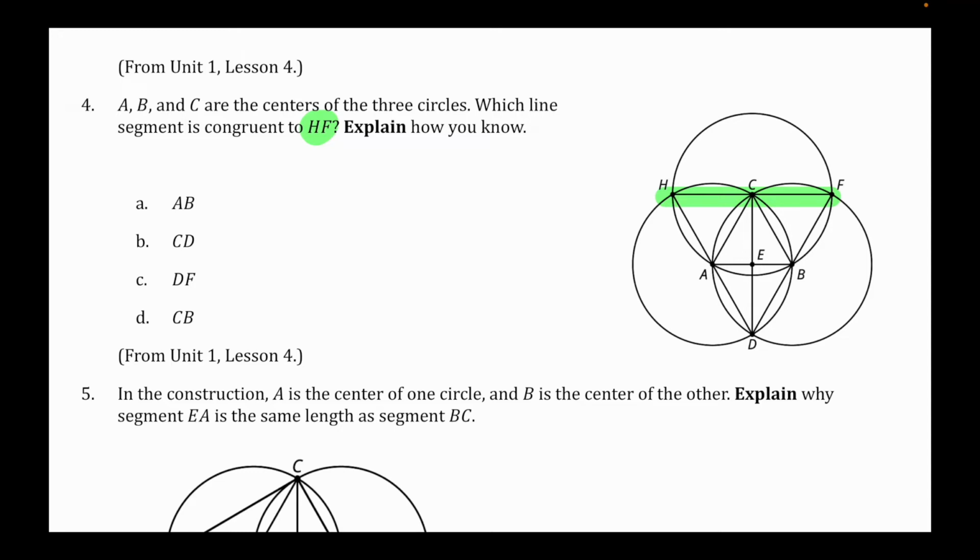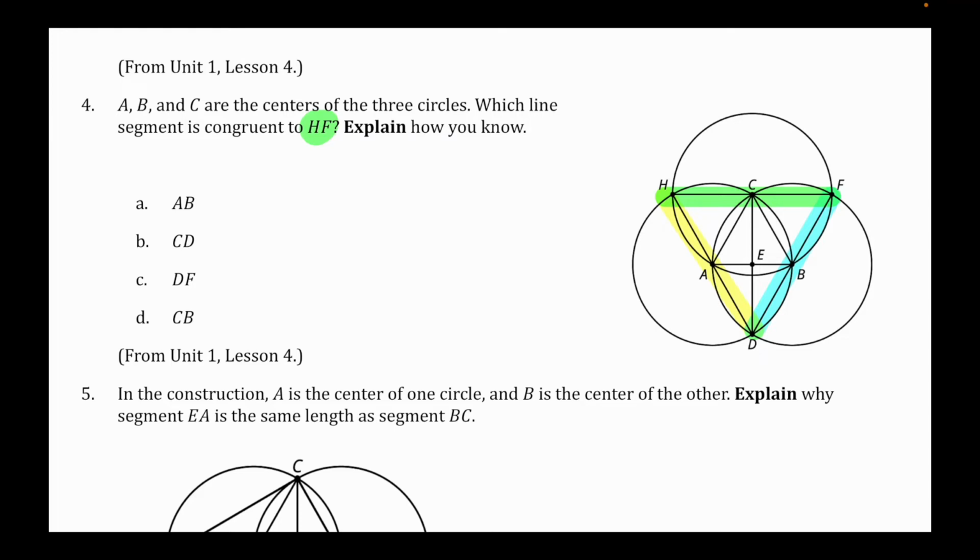So we only have 2 real options here that we know have to be true, and that's either going to be DF or FD or HD or DH, because those are the other segments that are also radii of these congruent circles. And we know the circles are congruent because they pass through each other's centers. So which one of those is on our list?